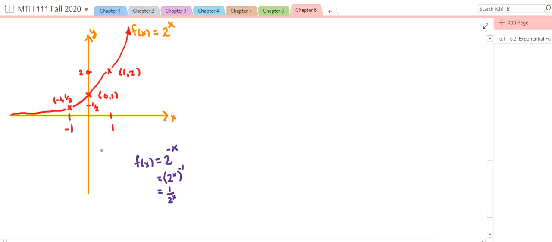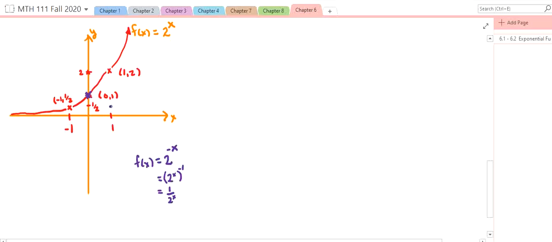So how does this work? Well, when x is 0, this is 2 to the 0 power, which is still 1, it's 1 over 1, we still cross here. So this purple function is going to cross in exactly the same spot, 0, 1. On the other hand, when x equals 1, this is 1 over 2, or 1/2.